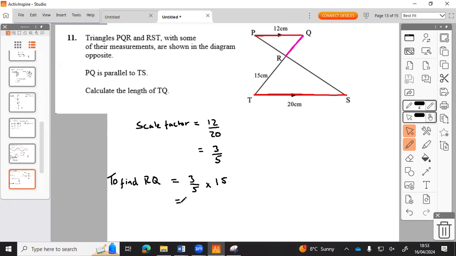You can do it either way. You can multiply 15 by 3 first or divide it by 5. It's easier to divide it by 5. So we'll get 3 times 15 over 5, which is 3 times 3, which will give us 9. Remember, it's non-calculator. You just need to be able to do that.